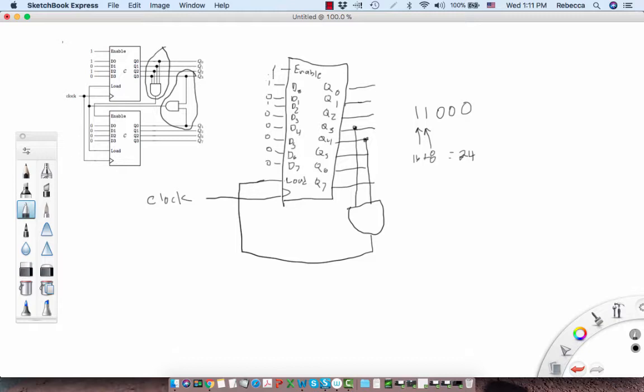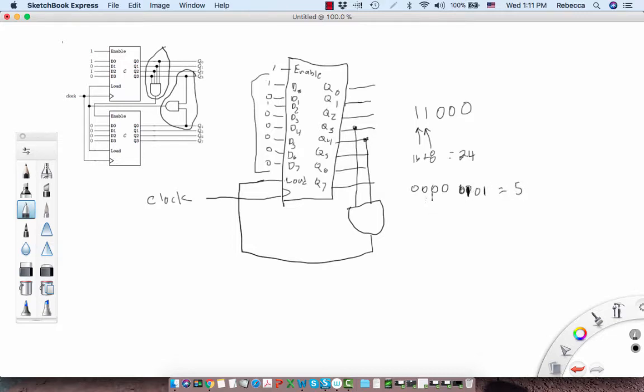And what it's going to load is this value, which is 0, 0, 0, 0, 0, 1, 0, 1, which is 5.